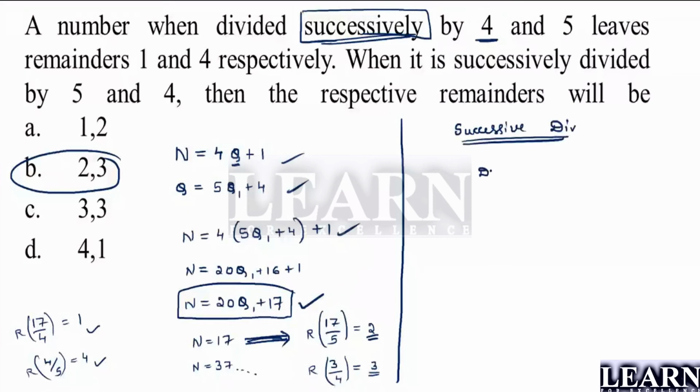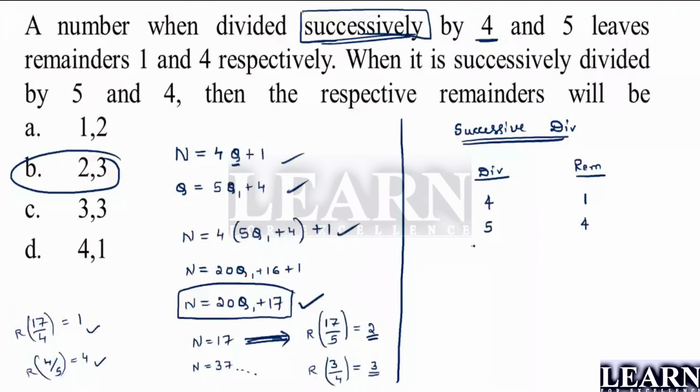Take out the divisors and take out the remainders. The divisor here is 4, remainder is 1. When you divide by 5, the remainder is 4. Now you need to find the number.